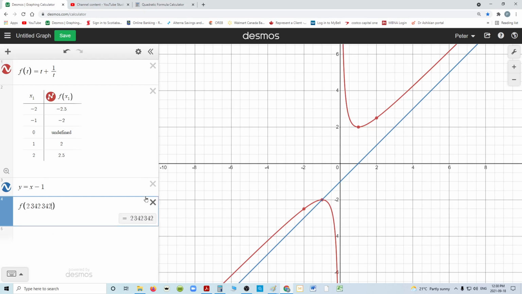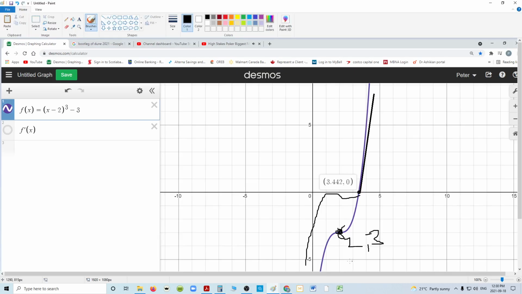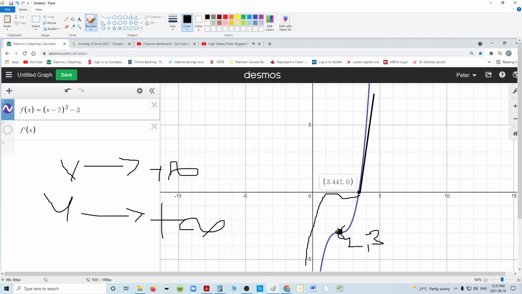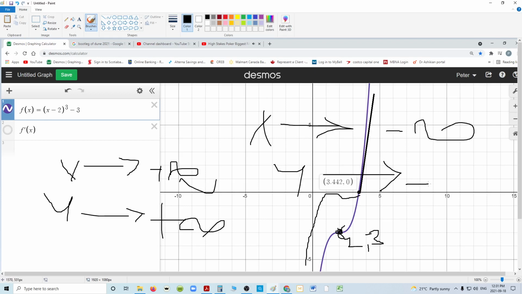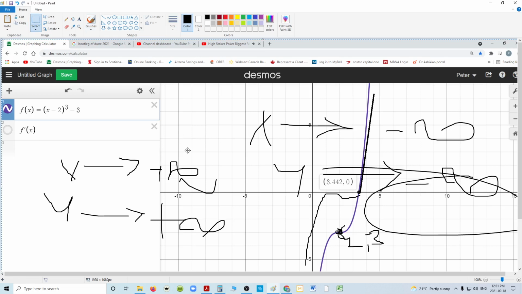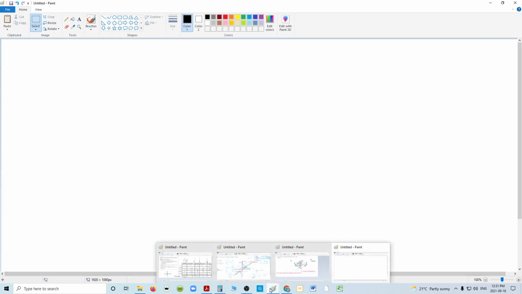And how you write that down on the paper is, as x approaches positive infinity, y approaches positive infinity. As x approaches negative infinity, y approaches negative infinity. Some do the opposite. That's how you write it down graphically. Okay, we're going to just keep going.